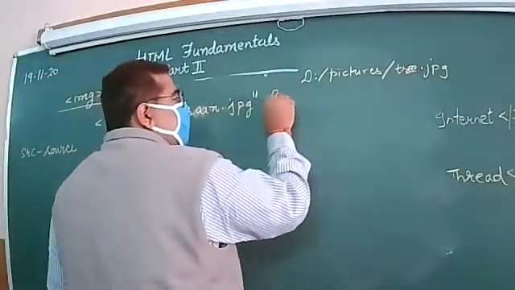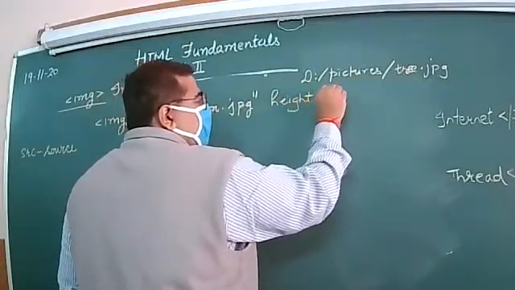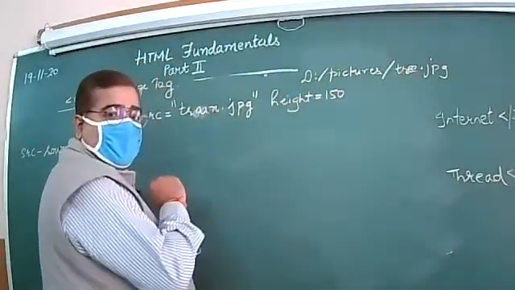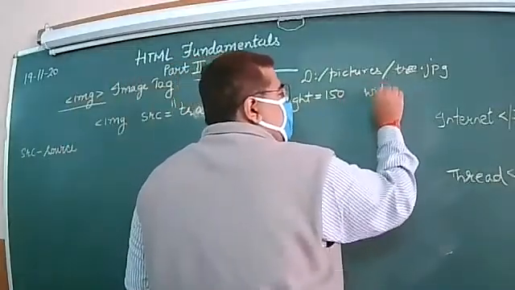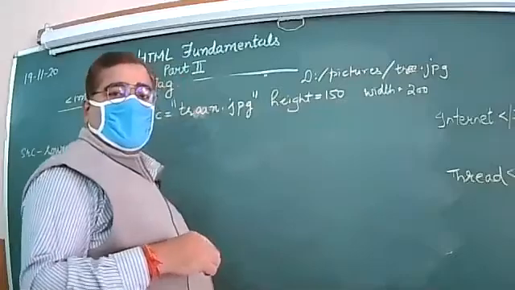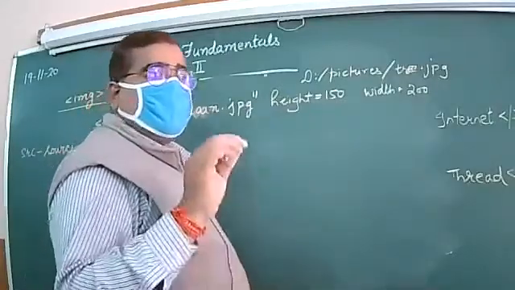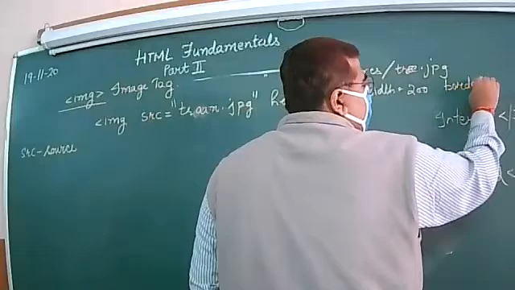Then next attribute is height. I'm giving the height 150, the height of the image. Width of the image, I'm giving 200. Then suppose I want to give border. You can give border.